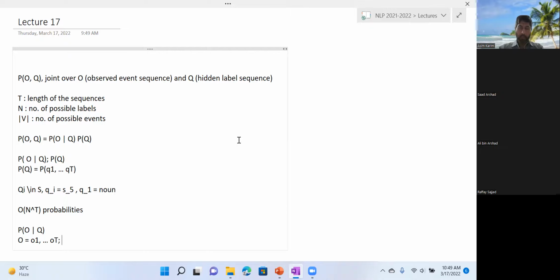Each of those Oi is in your vocabulary V. So for example, O2 could be, let's say, V5. So it can take any value from the vocabulary.